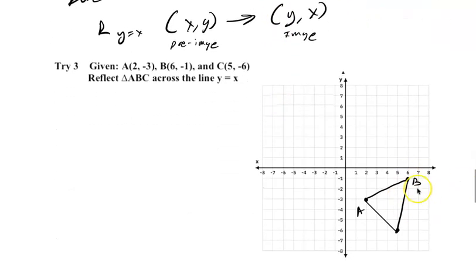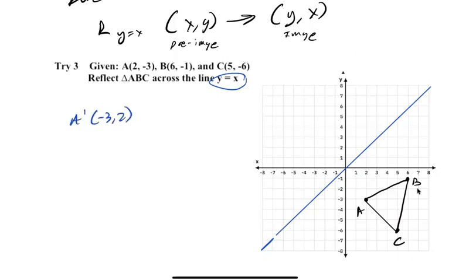So here's my picture. And if I want to do the reflection across the y equals x line, which is this line here, I actually think this is easier to do the math way. So we're just going to switch it. That's all we have to do, flip the numbers. And then plot our new numbers.